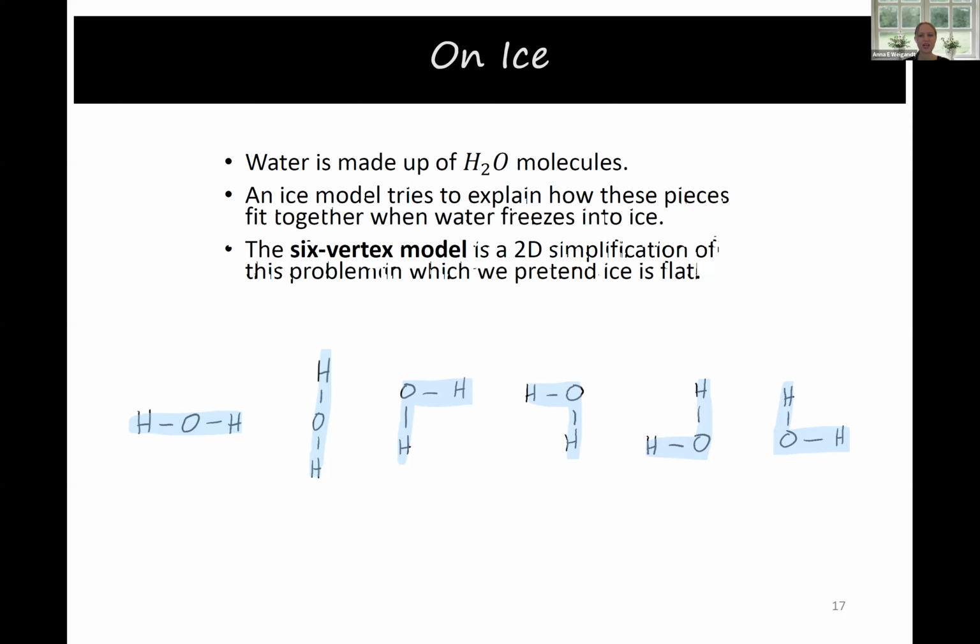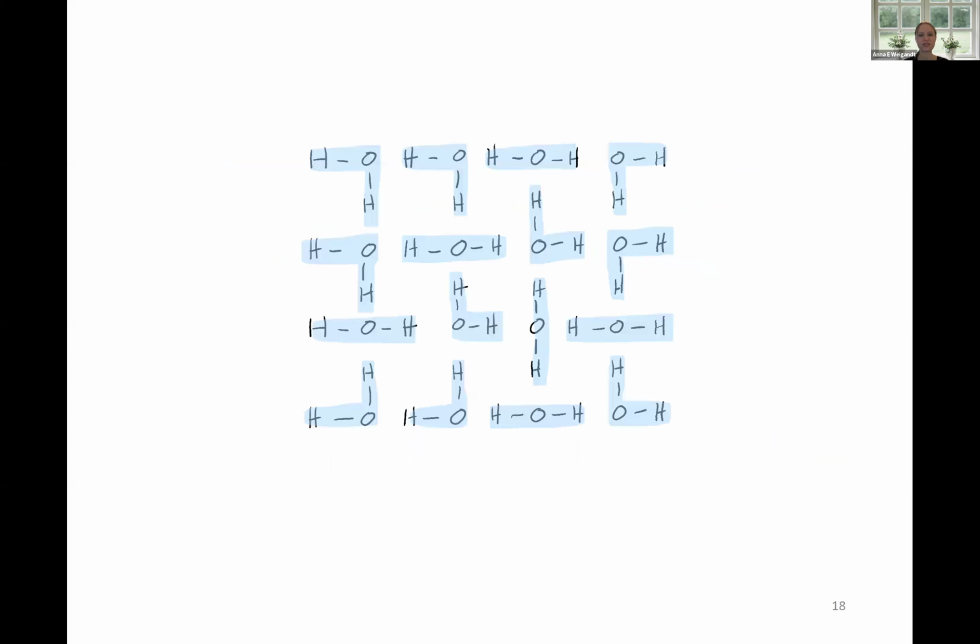So we can then try to see how we can piece these together to get a square sheet of ice. So here's one such example of a fixed grid of where our hydrogens and oxygens are going to end up, but then we want to draw in these bonding things to make our molecules so that our hydrogens are adjacent to some oxygens and so on and so forth.